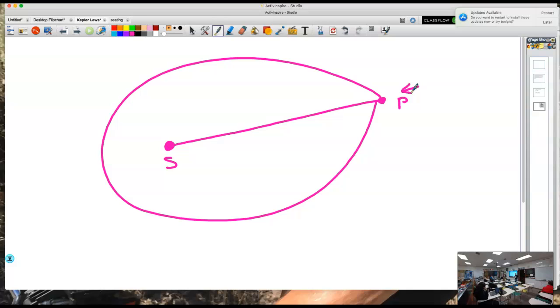Oh, no. How long does it take to go all the way around? 365 days. 365 and a quarter is what it really is. But actually, that's not even right either. It's a little bit different. So in one day, it moves to right here, right? It just moves a little bit, doesn't it? If we draw another line and then fill this in, that's an area, right?